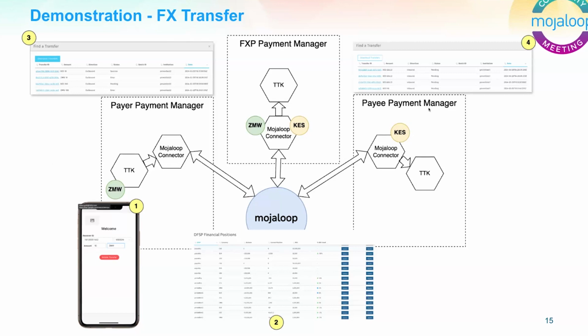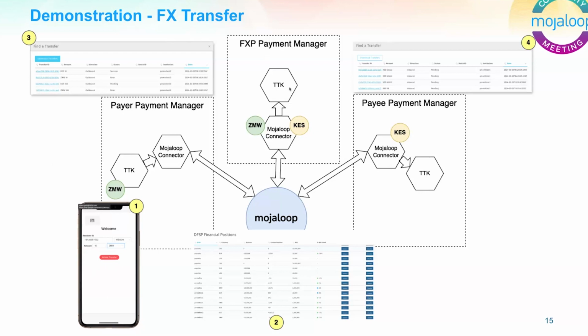The only components we are simulating here is the core backend. So on the payer side, we have a payer mobile simulator to simulate the core backend to send a transfer. And on the payee side, we have testing toolkit, which simulates the payee backend. It responds with mock responses.